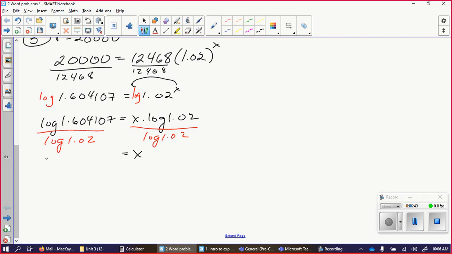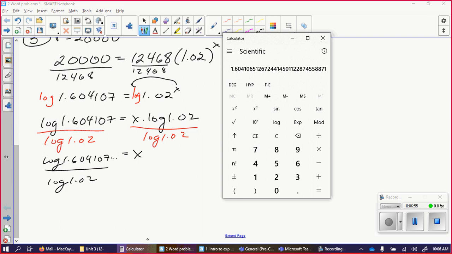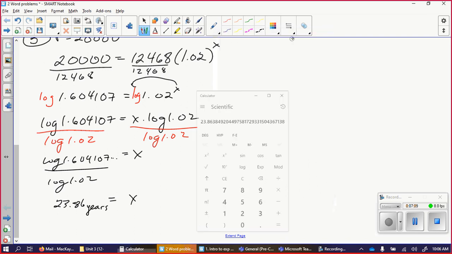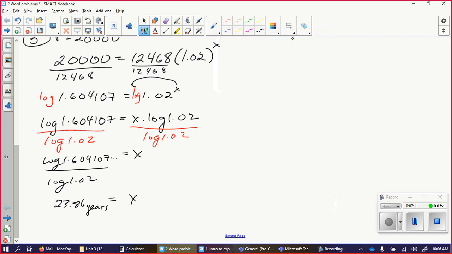X equals, and I've done a lot more writing. I'm going to log that number divided by log 1.02. 23.86 years.